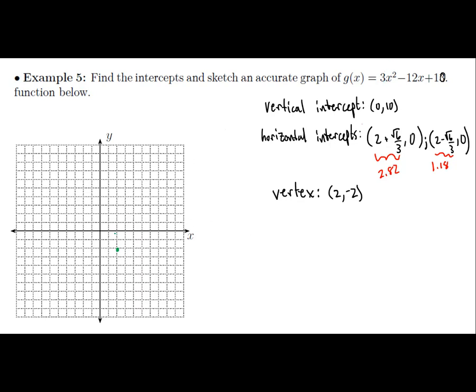And we can see that by the fact that we have 1.18 and 2.82 as the x-intercepts and (0, 10) as my y-intercept. And then I'll also go over here from the vertex x value of 2, go the same distance that way and also put that at 10. And then we should end up with this pretty skinny parabola here. All right, so hopefully you got something along those lines.